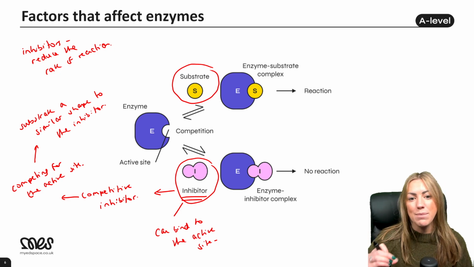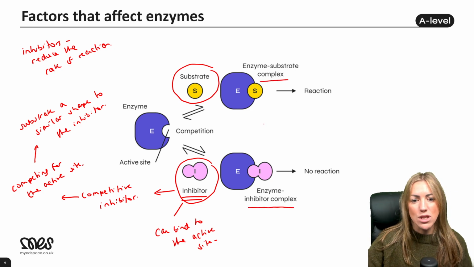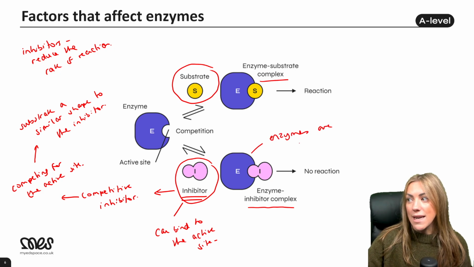And if the inhibitor binds to the active site instead of the substrate, we'll get an enzyme inhibitor complex forming instead of an enzyme substrate complex. So this is obviously going to reduce the rate of reaction because at any one time, enzymes are inhibited.